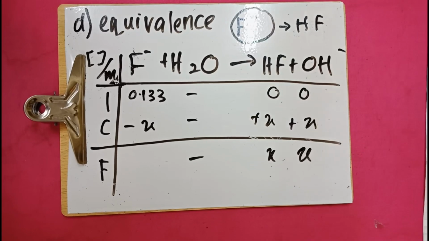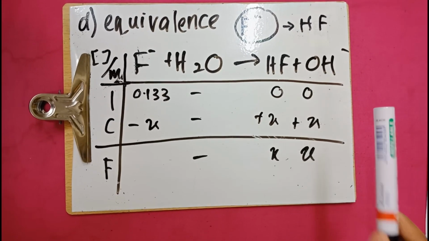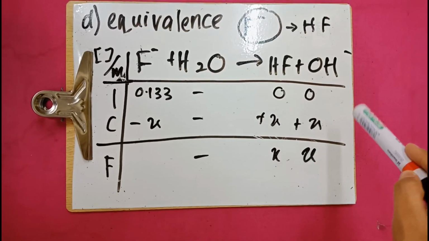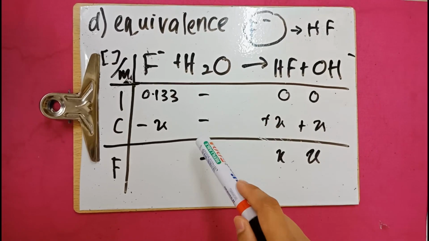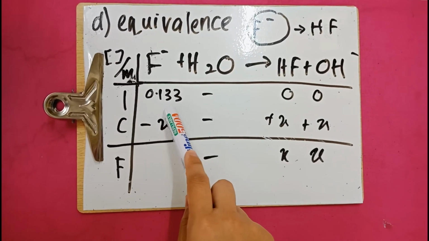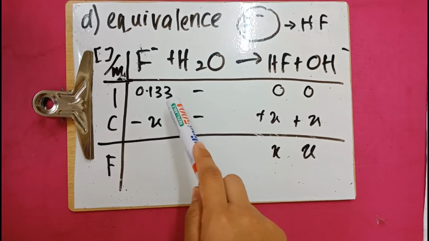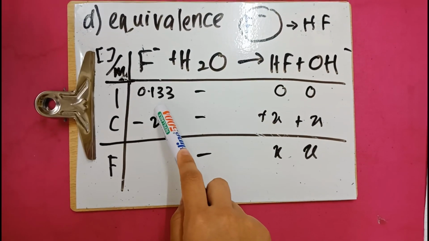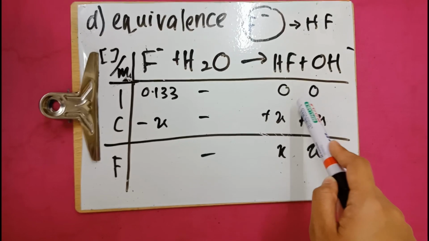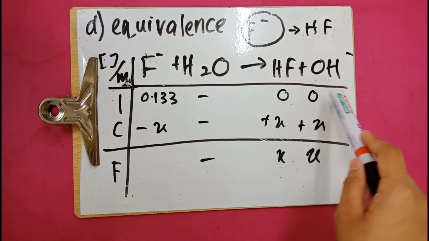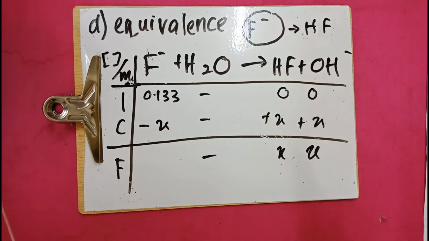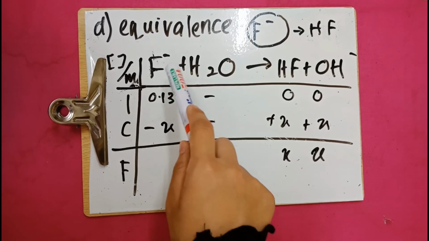So we draw an ICE table and an ICF table to find the concentration of OH minus. So we plug in 0.1333 molar of F negative as the reactant concentration, and at the product side we put 0 and 0 first because no reaction has happened yet.